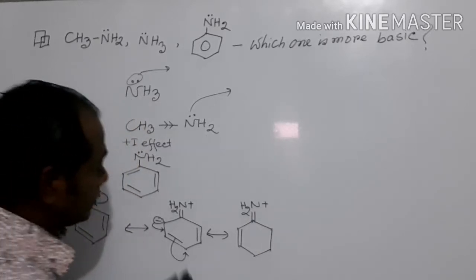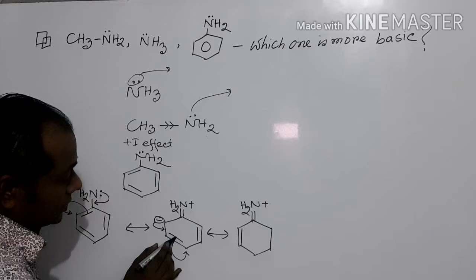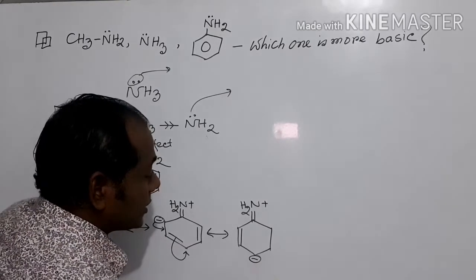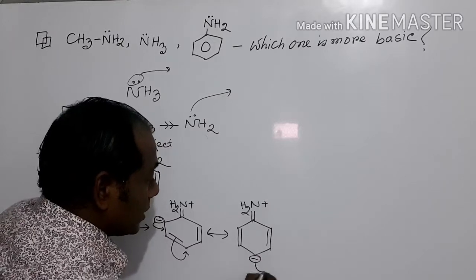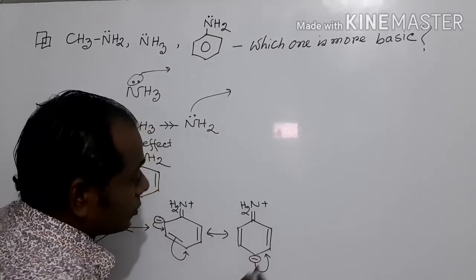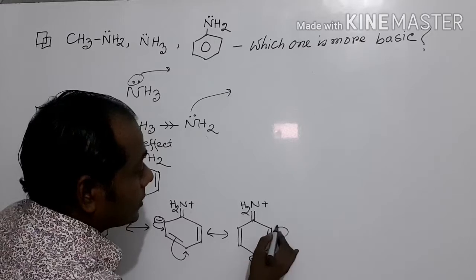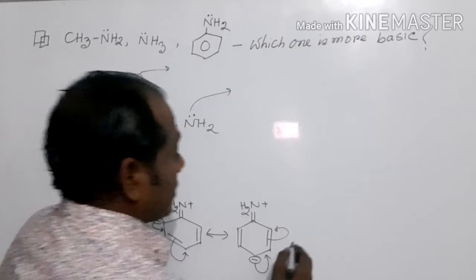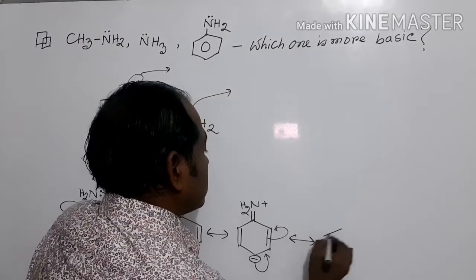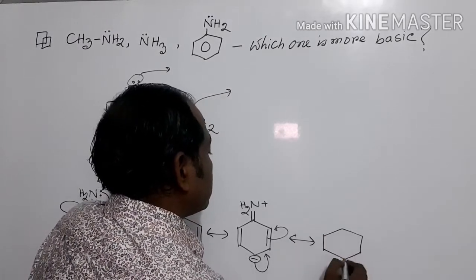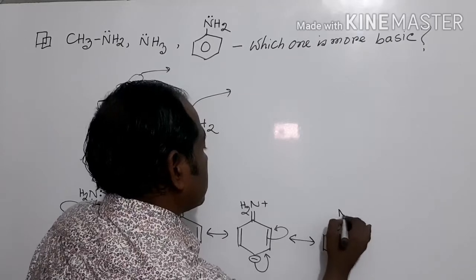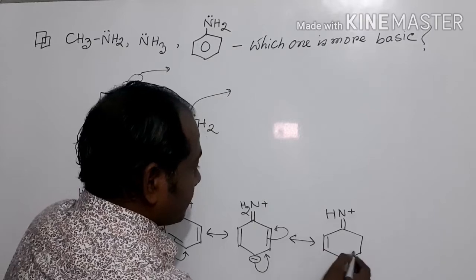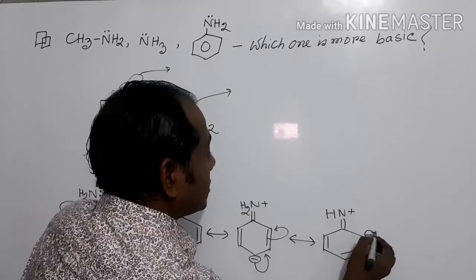That's why here negative charge occurs, and this pi bond electron shifts to this carbon. Negative charge.